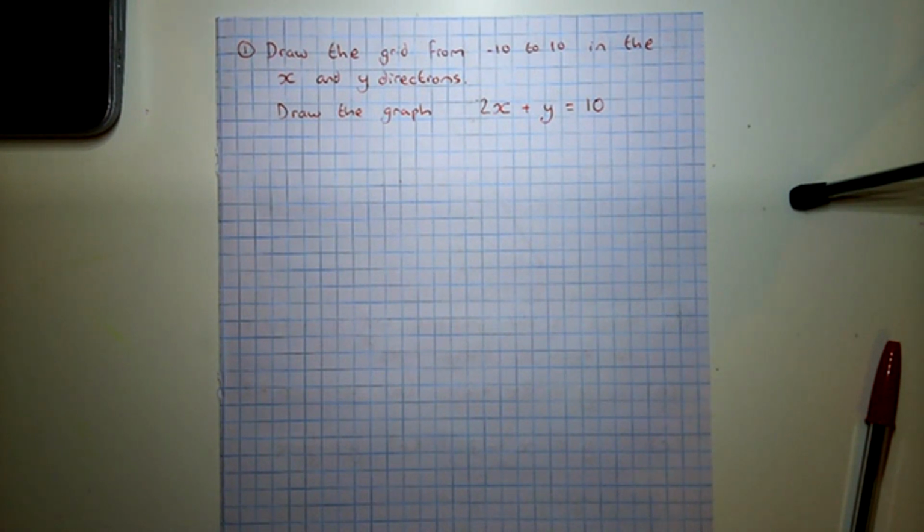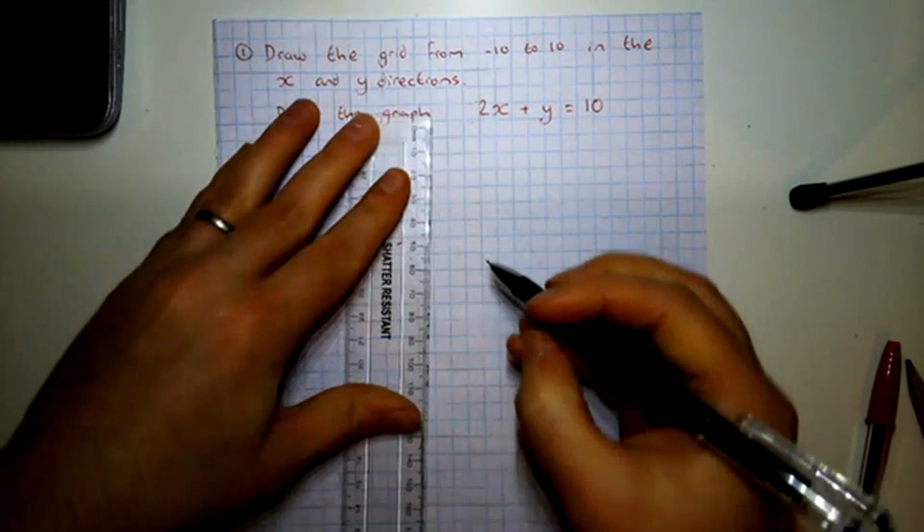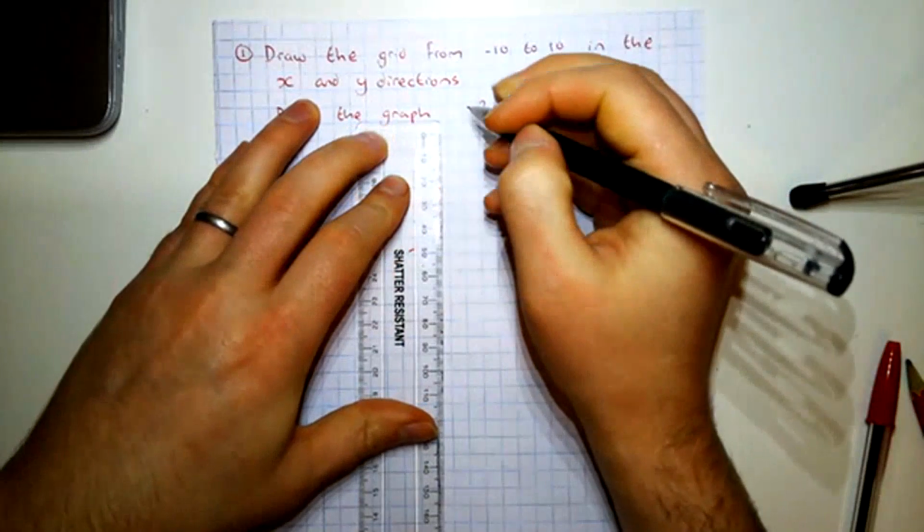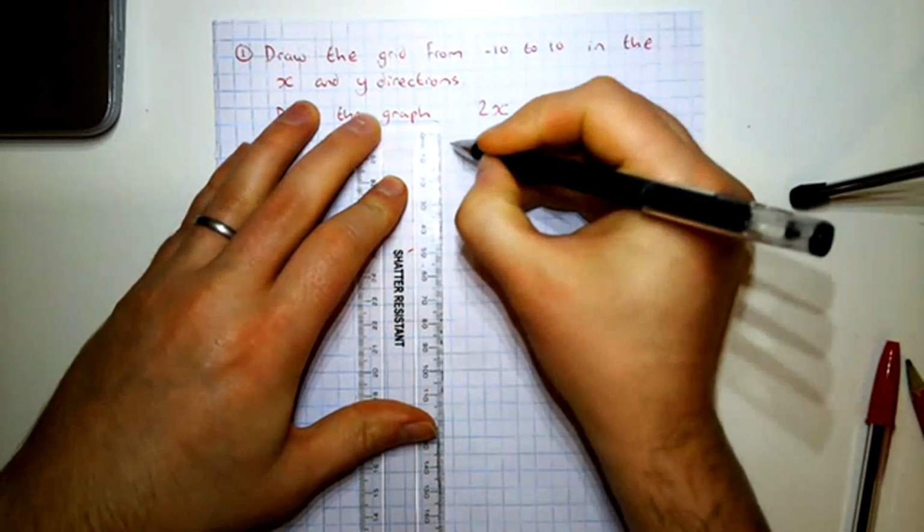Okay, so first question I've got in front of me is draw the grid from -10 to 10 in the x and y directions, and then draw the graph 2x plus y equals 10. So first thing I'm going to do is draw my grid. So -10 to 10. That means I'm going to have to do 20 squares down, 20 squares across.